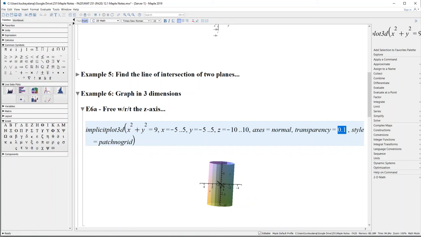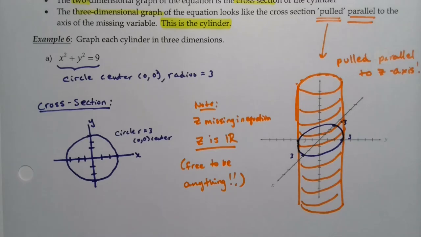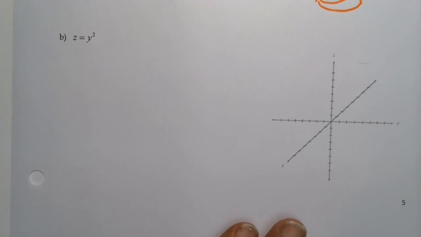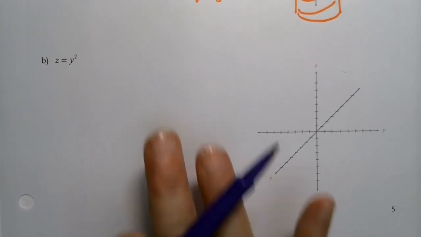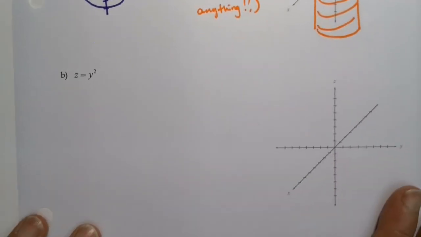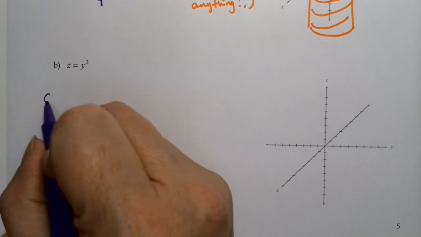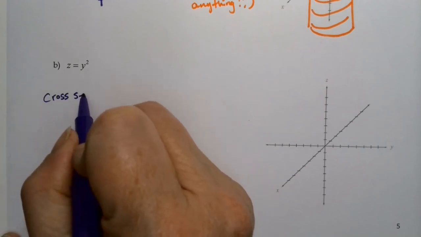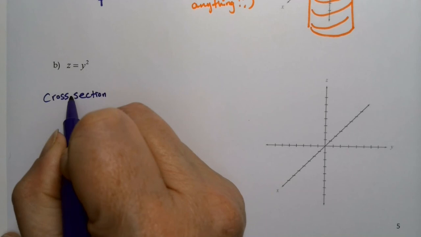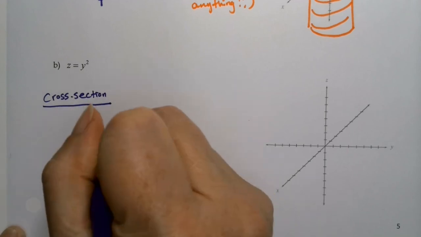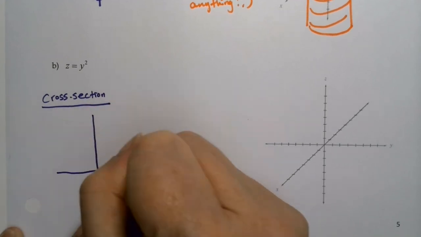All right, so let's do the next one, which is z equals y squared. Okay, well, let's think cross section again. I'm going to stick with my ugly colors because I like the high contrast. Sorry about that. So z equals y squared. Well, the cross section would not be on the xy plane, it would be on the yz plane, because y and z are the only variables here.